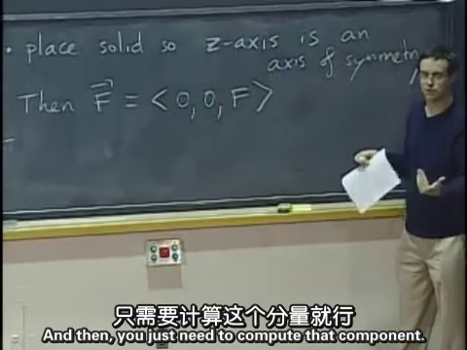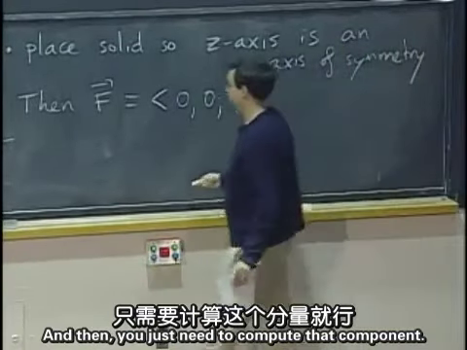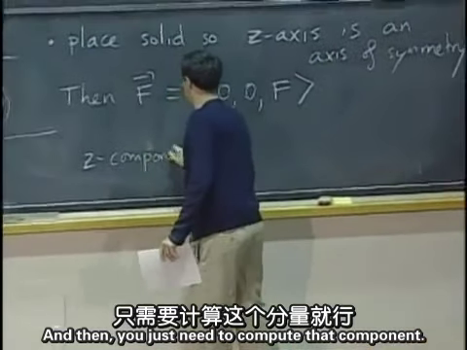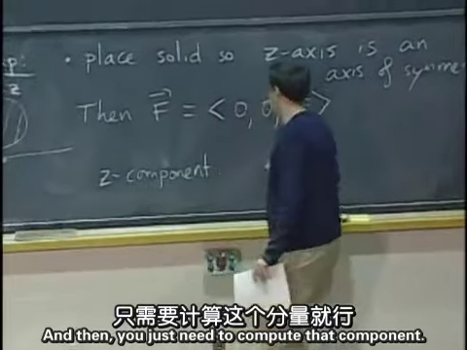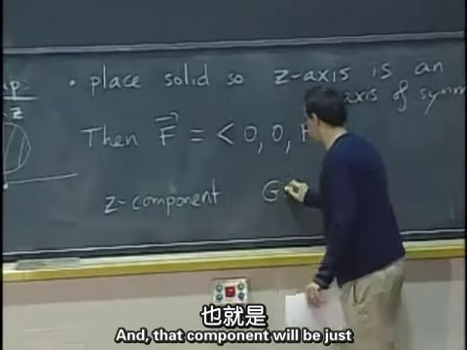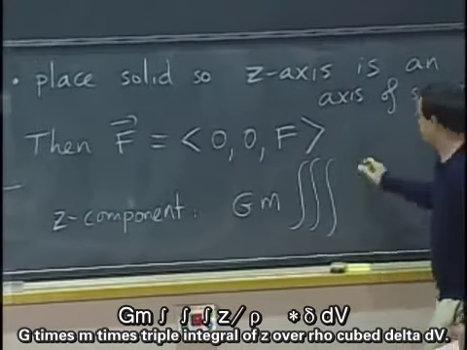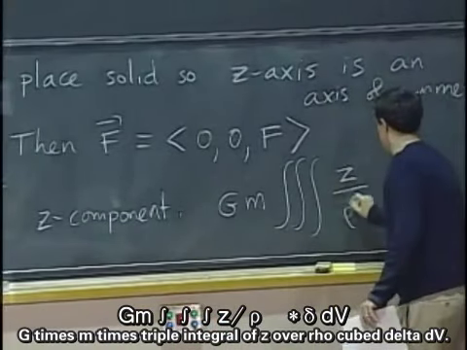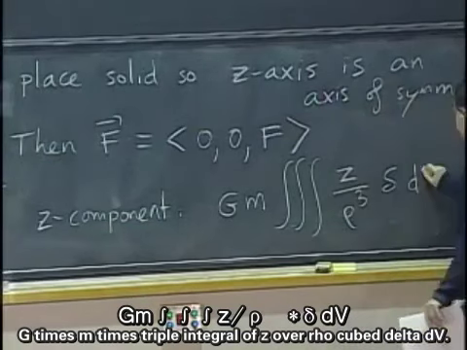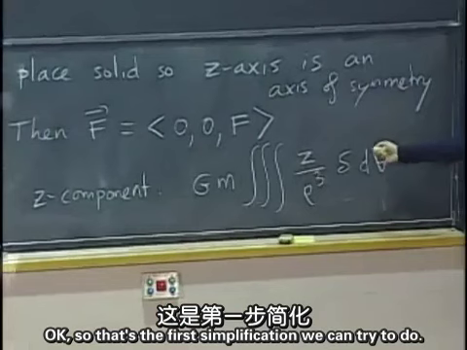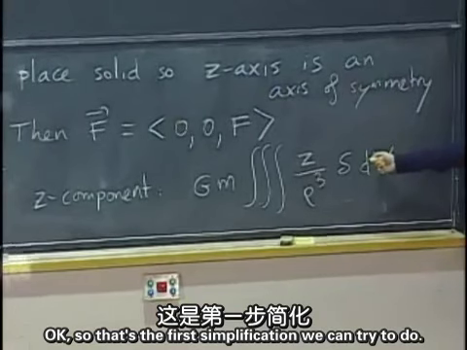And then you just need to compute that component. And that component will be just g times m times the triple integral of z over rho cubed delta dv. Okay, so that's the first simplification we can try to do.